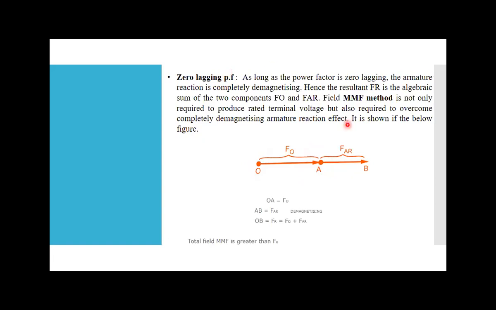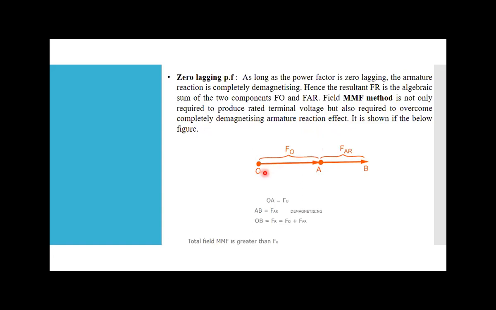So you can see here, as long as the power factor is zero lagging, the armature reaction is completely demagnetizing. Hence my resultant FR is the algebraic sum of two components, FO and FAR. So the field MMF is not only required to produce rated terminal voltage, but also to overcome the demagnetizing armature reaction effect.